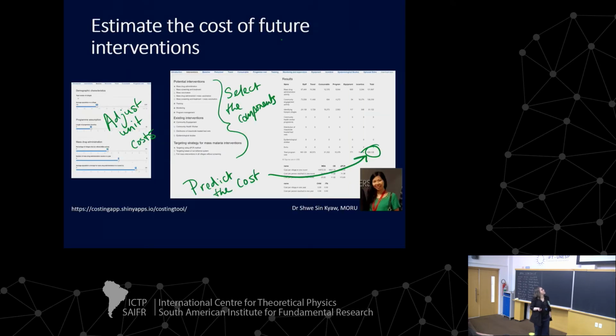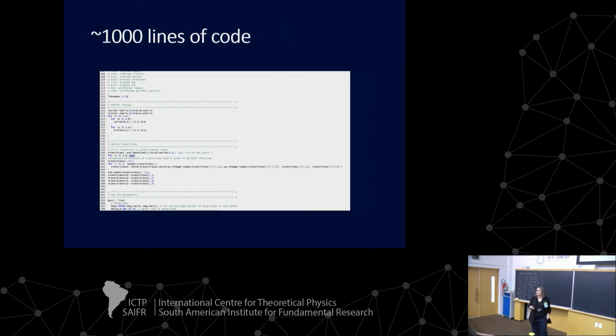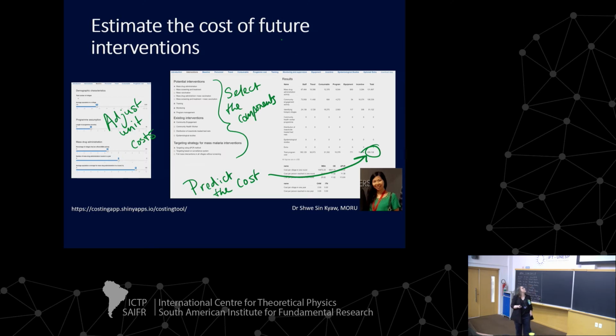We did it in R, but it would probably be better to do it in a faster language. There are bits of it, so R is the shell, but there are parts of the code that have been written in C that are called.